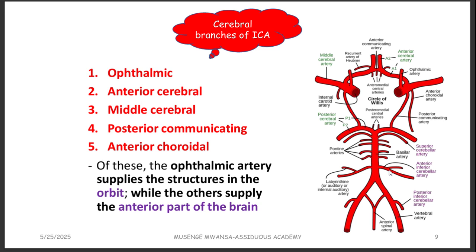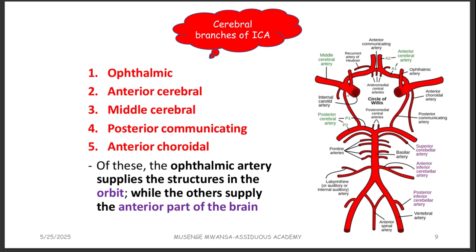You can show the labyrinthine, just show it coming from ICA, or you can show it coming from basilar, and then also show the pontine branches, and then on top of the pontine branches of course superior cerebellar, and then posterior cerebral, and then show the posterior communicating.